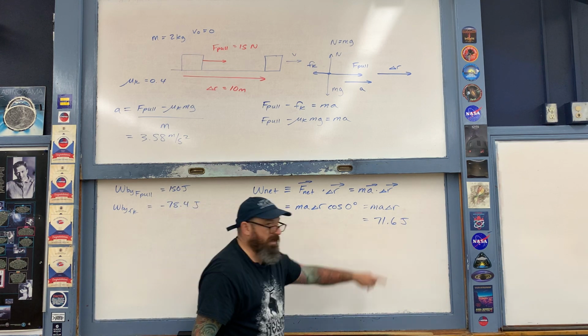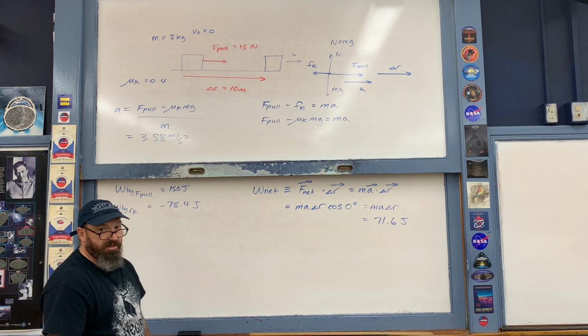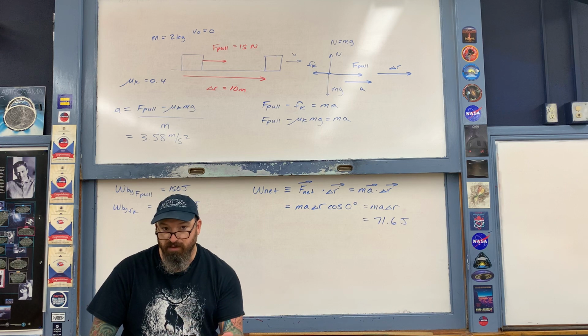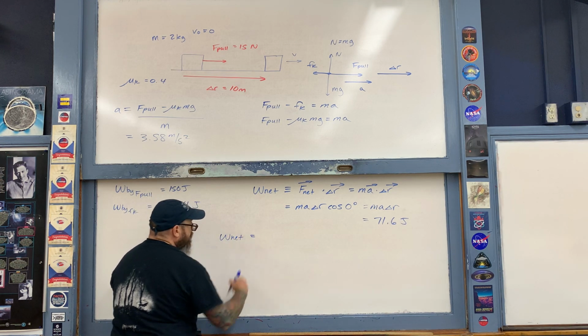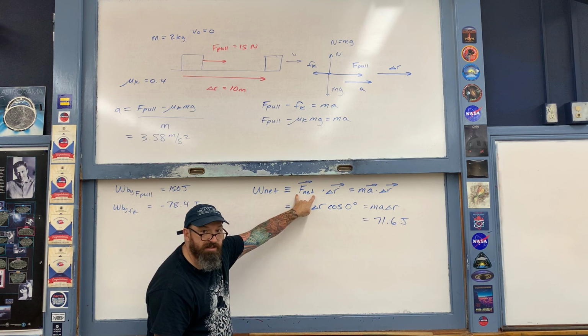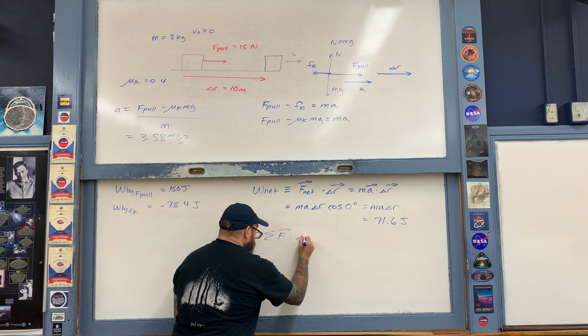Notice that this number here, however, is the same thing as the sum of these two numbers here. The reason for that has to do with the second way in which you can think of net work. Okay, now recall from F equals ma that the net force is the same thing as the sum of the individual forces.